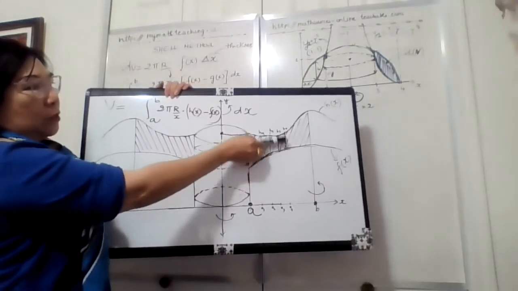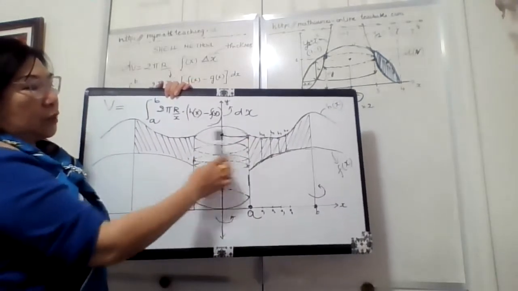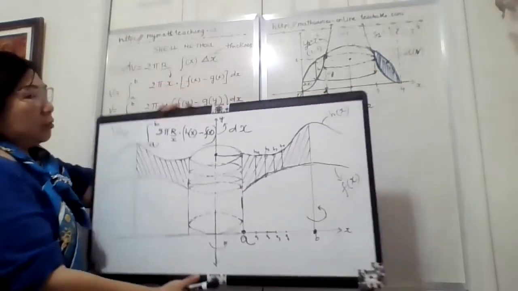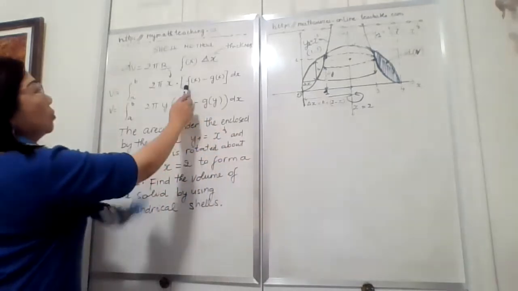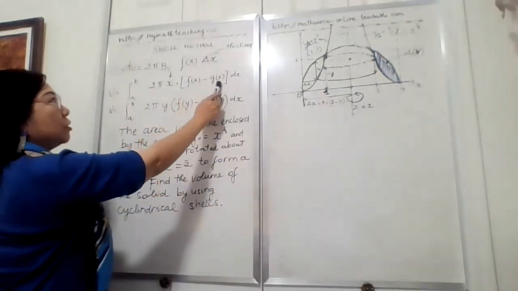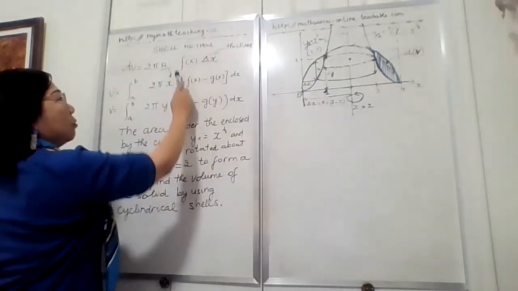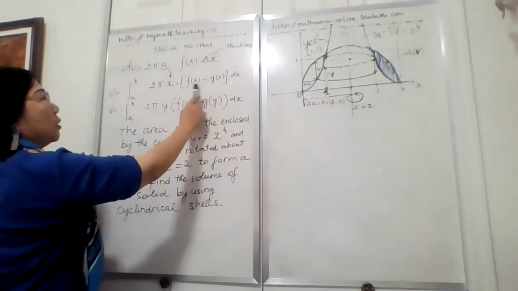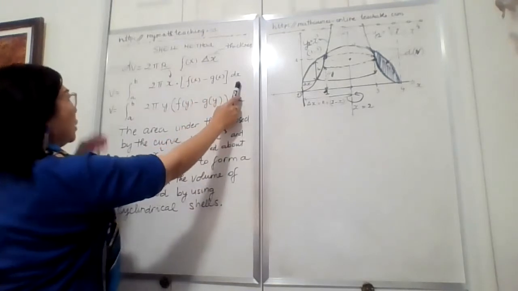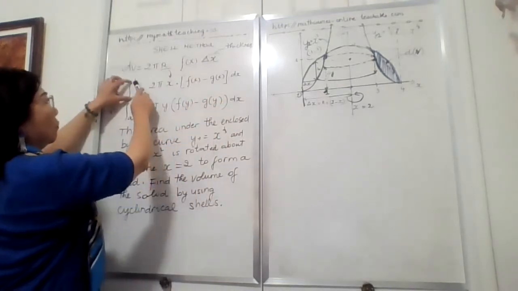And we find the region between them that we generate using the shell method. Then we will use the two functions: f of x minus g of x. So one function here will become two functions. We take the difference between these two functions and integrate over the interval from a to b.